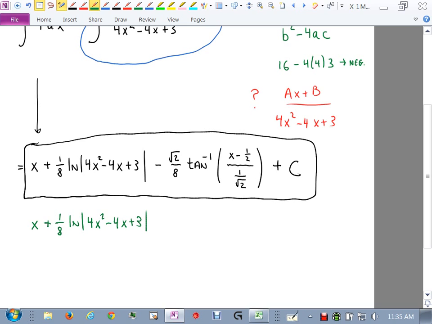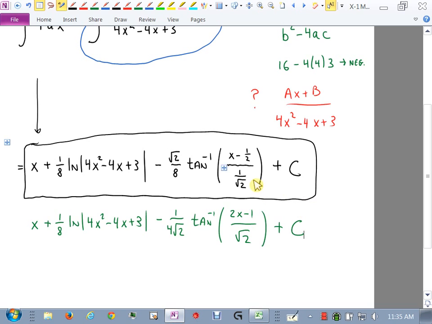So the book matches us exactly there, but then they have minus 1 over 4 root 2 arctan of 2x minus 1 over root 2 plus c.